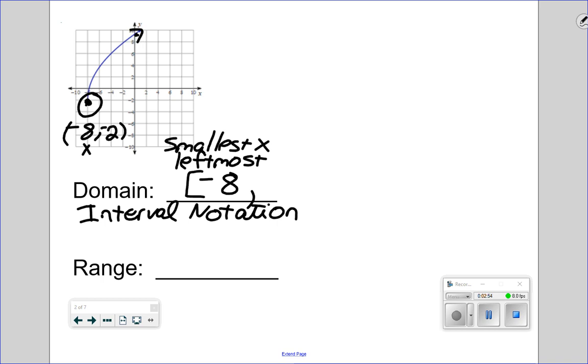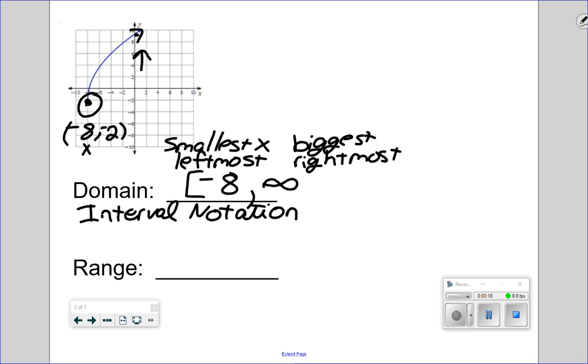Then we look at the largest x, or the biggest, which is going to be the rightmost point on the graph. Now in this case, that arrow right here indicates that it keeps going up and to the right forever and ever. So when we're trying to find a rightmost point, we really can't. It keeps going forever and ever. So what we say is x can go up to infinity.